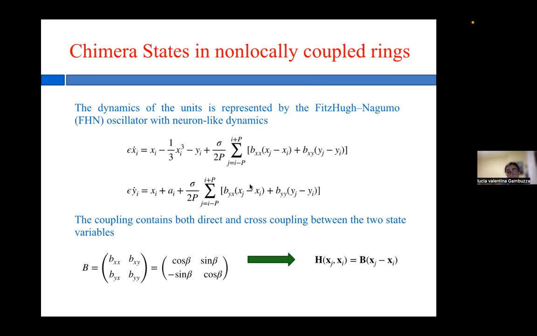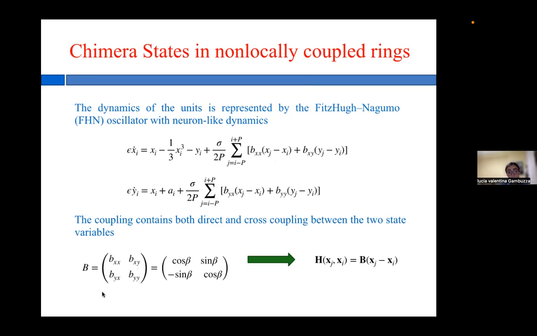In this case, the coupling function, the kernel function that we are using, is a matrix in which we have both direct and cross-coupling between the two state variables. So B_xx means that the coupling in the first equation is given by the interaction of the first variable with the first variable of the other units.